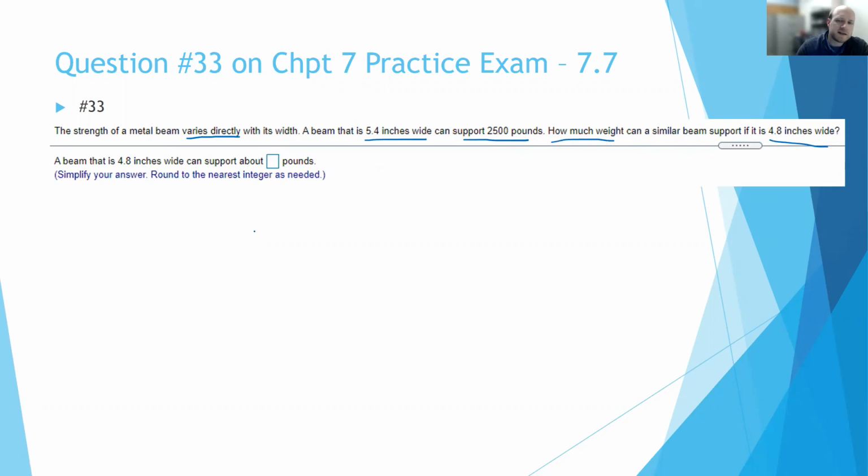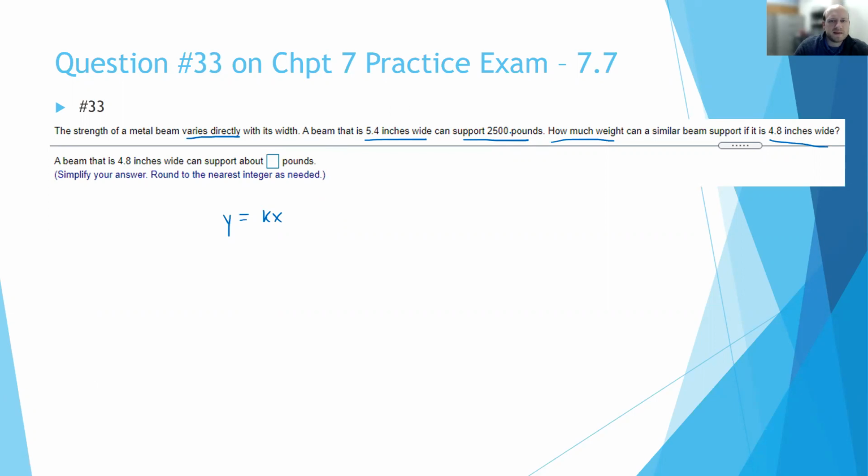So the first thing you're going to want to do here is find your constant of variation. Well, we know that this varies directly, so the formula is y equals k times x. That's for direct variation. And I talked about this in the section 7.7 lecture, but we know that inches would be something that is independent.